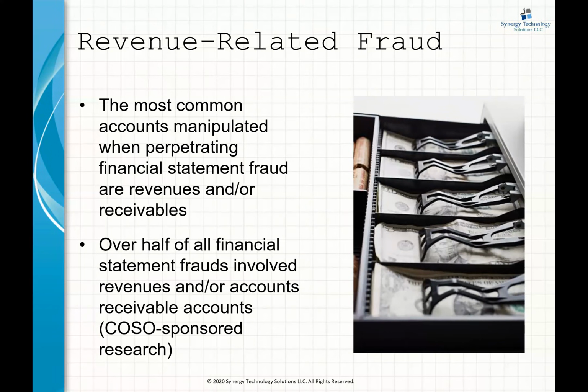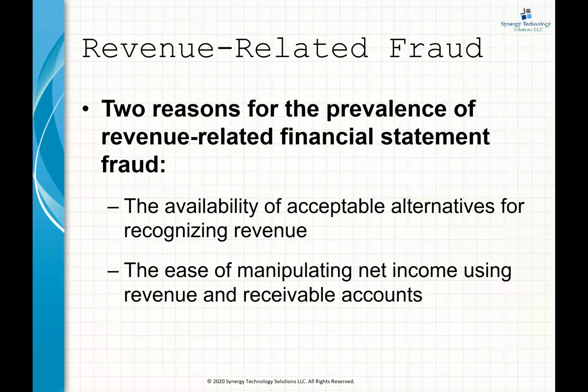The reason they like revenue is because it is easy to manipulate. There are many alternatives to manipulate revenue based on the industry. Sometimes in the same industry, you have multiple ways to calculate revenue. For construction industries, you have the percentage of completion method. In consignment industry, there is one way of doing it.